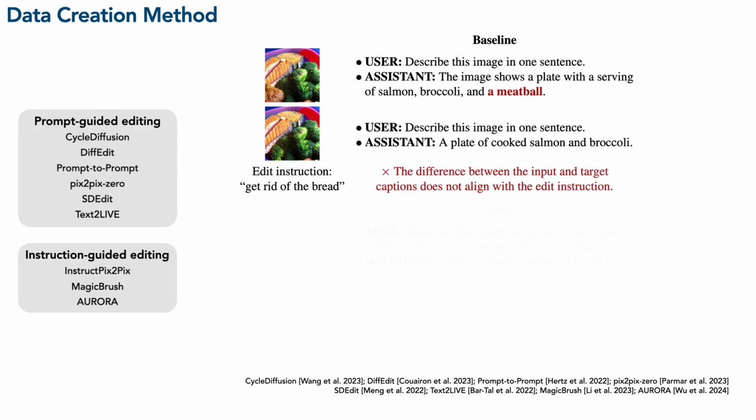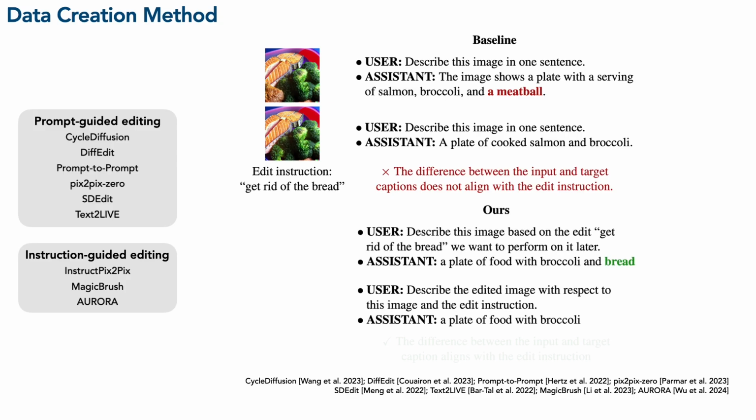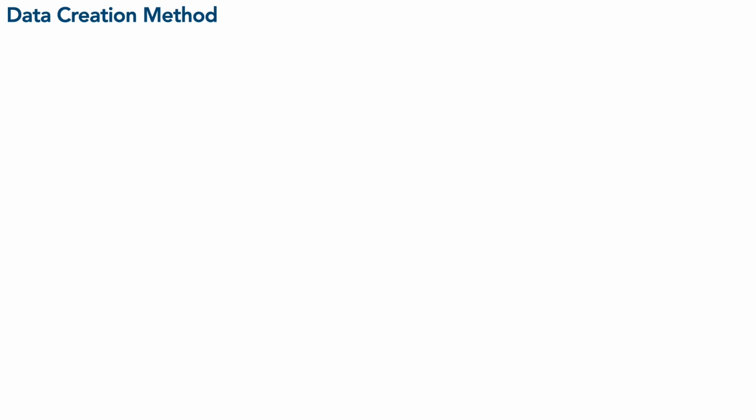To address this, we fine-tune a VLM on a few hundred manually crafted examples that explicitly include the edit instructions in the input. This significantly improved the alignment between the prompt difference and the intended changes.